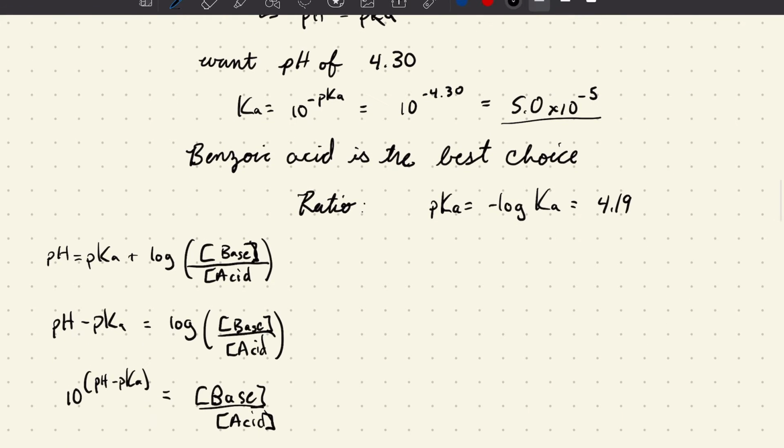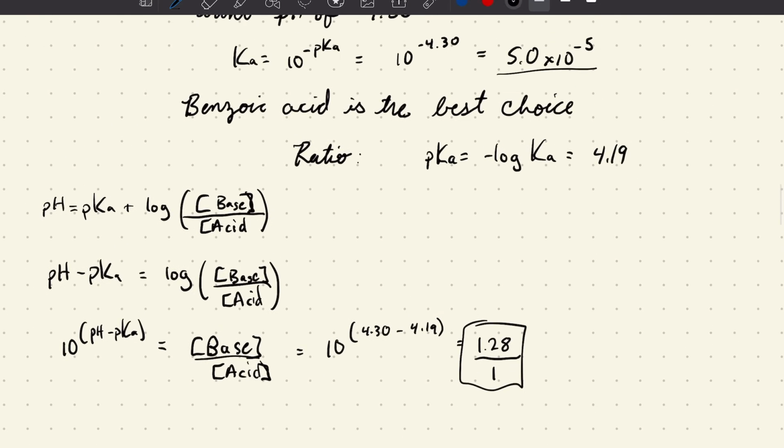So now we have 10 to the pH that we're looking for, 4.30, minus the pKa, which is 4.19, and that gives us 1.28. Which means I'd be looking for about a 1.28 molar solution of base to 1 molar solution of acid. Remember that this is giving us a ratio.